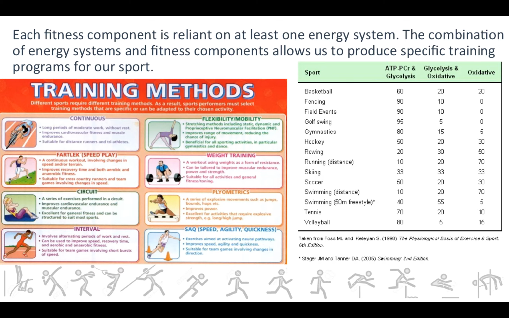All right, so if we look back at our training methods, the training method that we use to train our aerobic system is very different to the training method we might use to improve, say, strength or power. So have a think for a moment. Which training method would you use to improve your aerobic energy system?